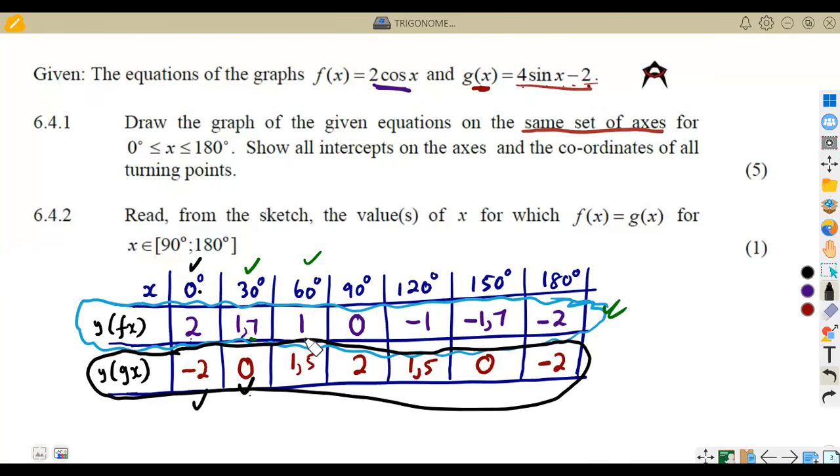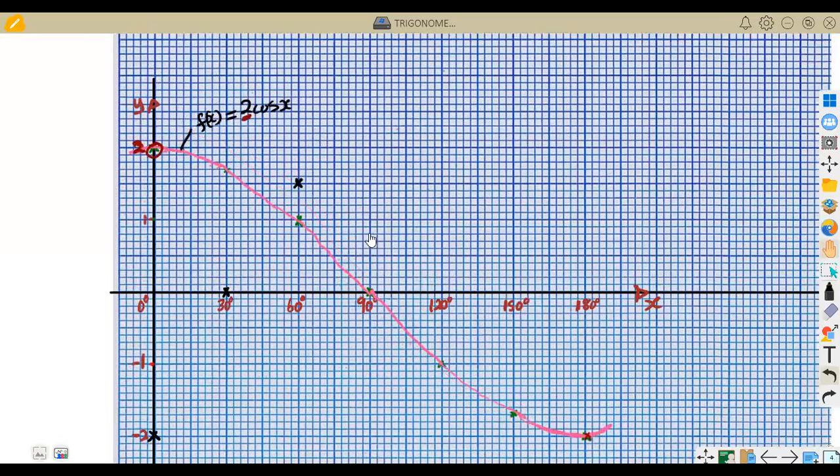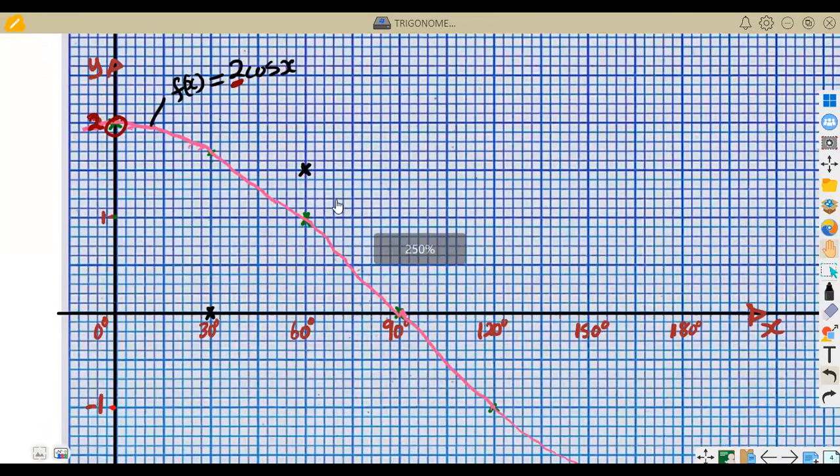Here we now have 60 versus 1,5. So 1,5 is in between 1 and 2. This is 2, this is 1. So in between here, that's where we have 1,5. So it's 60 versus 1,5, in between 1 and 2.